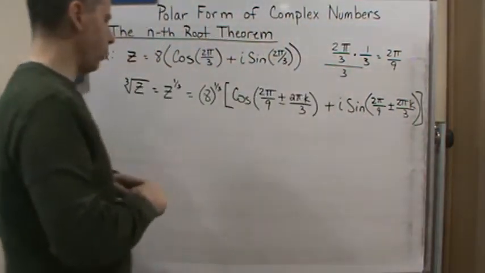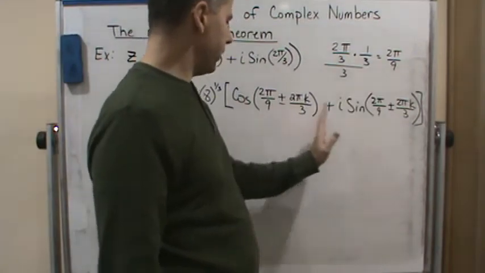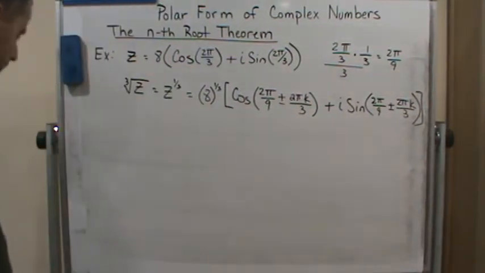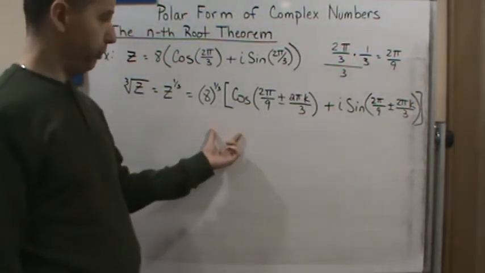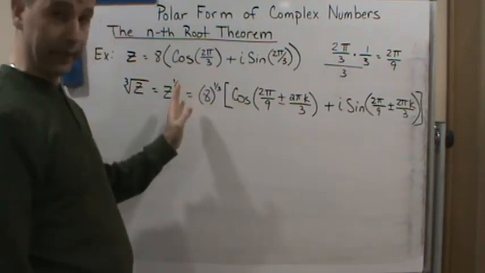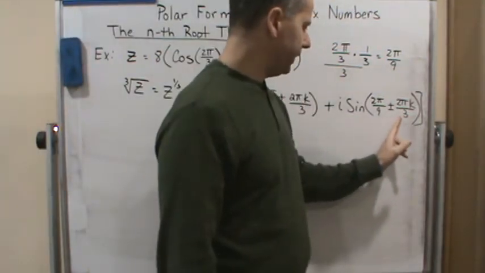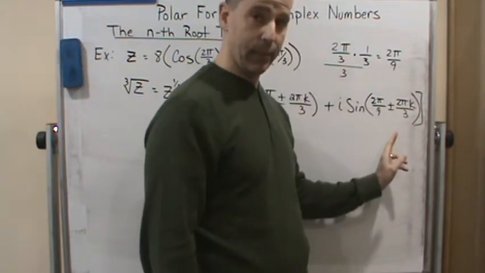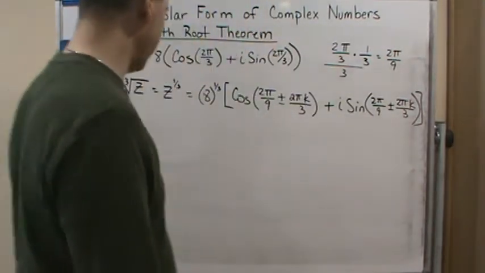Okay, now before we go any further, because we're not done, make sure that when you're dealing with the k, the k values are going to be k equals 0, 1, and 2, right? Because n is 3. Make sure that when you plug in the values for k, that you simplify this with getting a common denominator when possible. Okay?